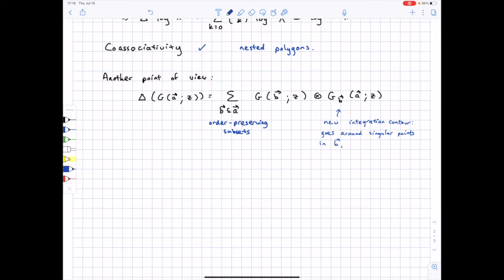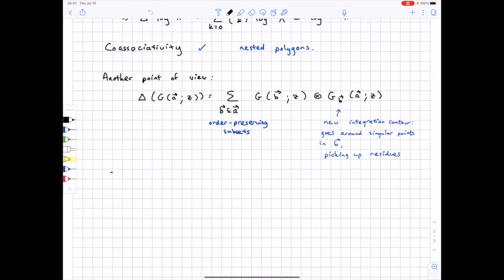When you integrate over this new integration contour, what you're doing is picking up residues at those poles. Again, this is only valid for generic arguments. And we're going to see this same kind of structure in Feynman integrals as well, where we define coproducts or coactions in terms of changing the integrand on the left and changing the integration contour in a very complementary way on the right.